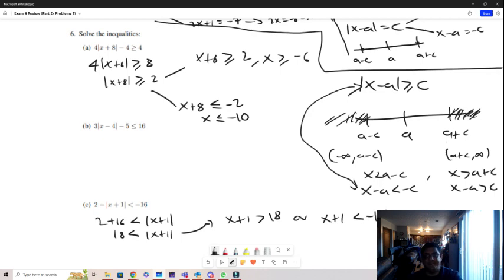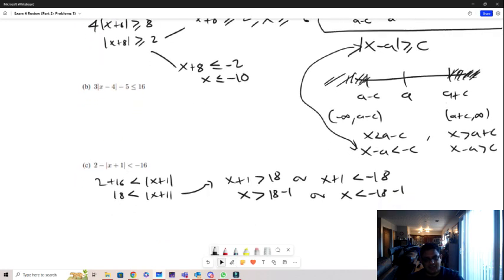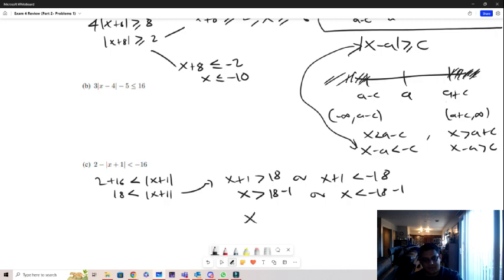Remember that this is what the bigger than means with this relationship. And so this is x bigger than 18 minus 1, or x less than minus 18 minus 1. So at the end, I'm going to get x bigger than 17, or x less than minus 19. You don't put this together because the or means that they're separated. So they're a union of two different intervals that are not together.